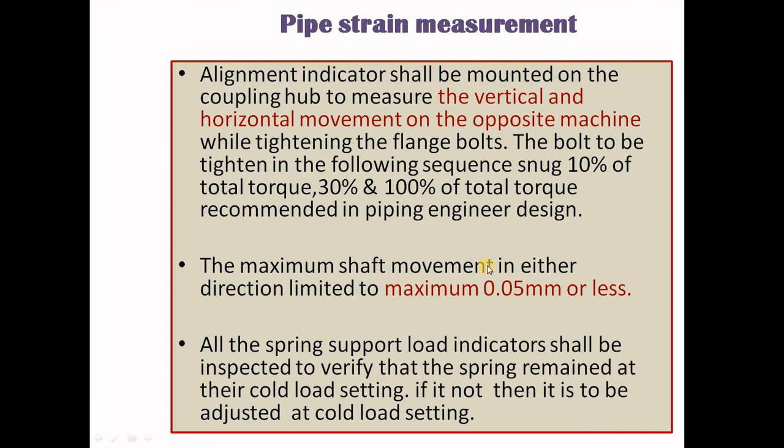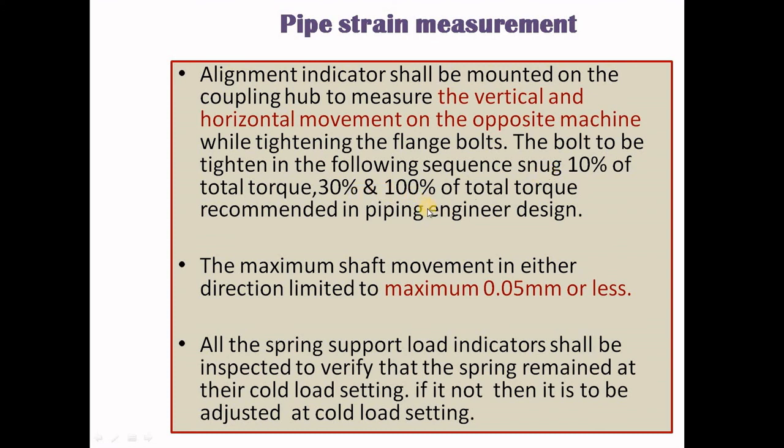Pipe strain: when you are connecting the suction and discharge pipes with the suction and discharge nozzles, we have to tighten the flange bolts gradually, 10%, 30%, then 100%, with the required torque.